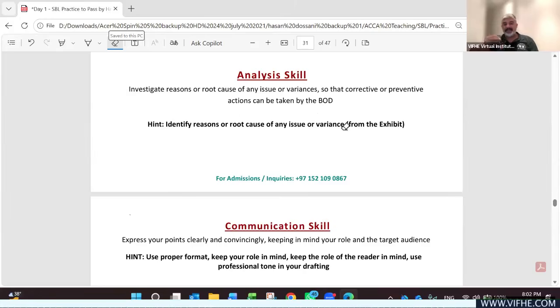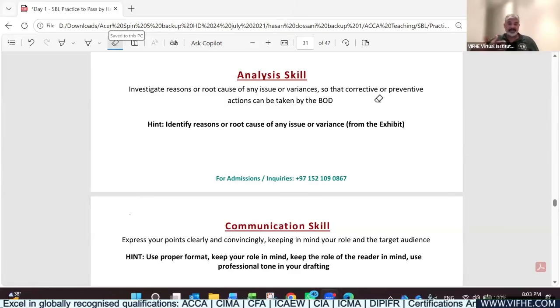Analysis skill means identifying the reason or the root cause. That's it. Meaning, why? Why is it happening?